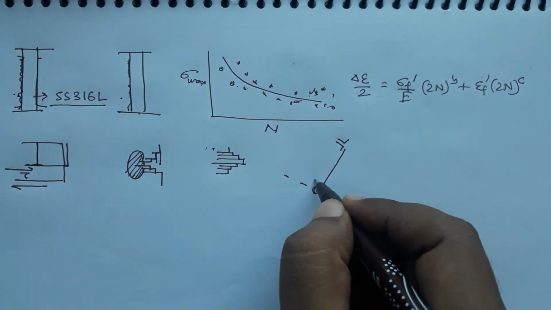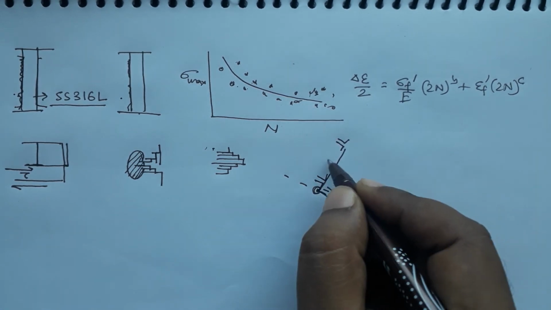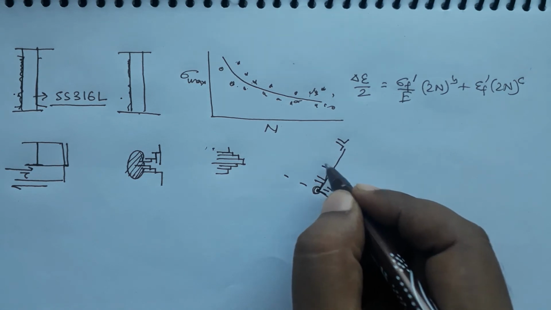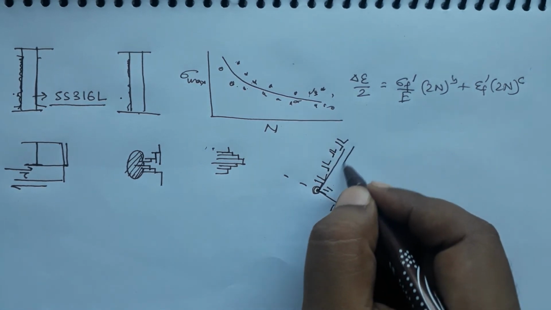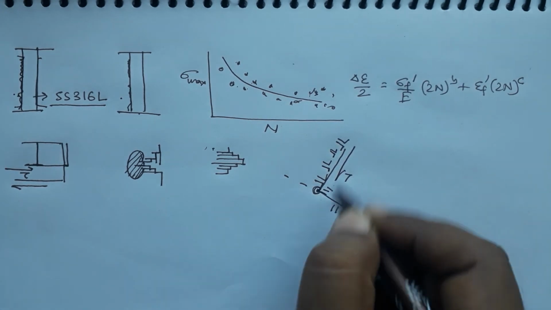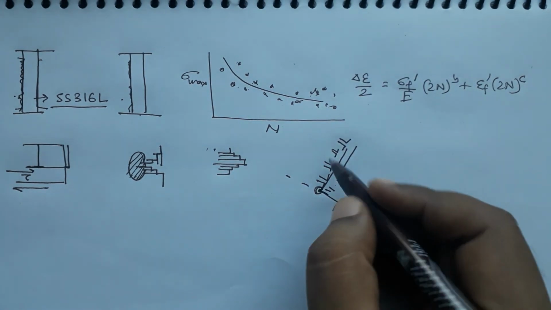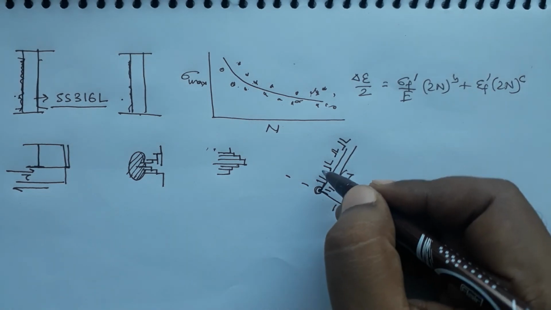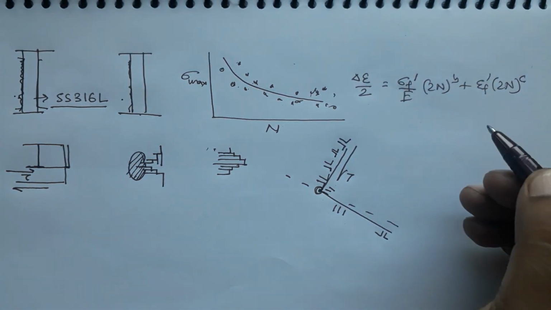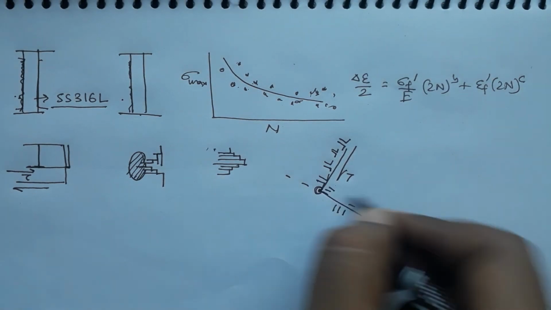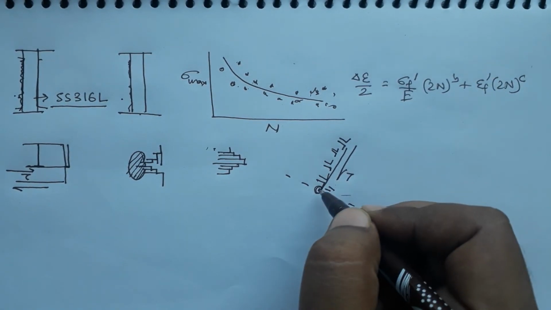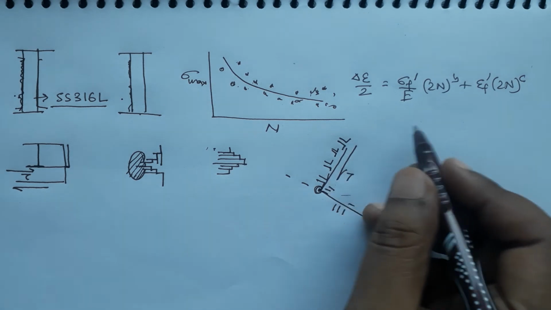Once they have arrived here, more and more dislocations will be getting piled up, right. This is happening when the stress is working in this direction. If I reverse the stress, some of them will be able to move in the reverse direction. So, in each cycle there will be some dislocations getting piled up here and some getting removed.